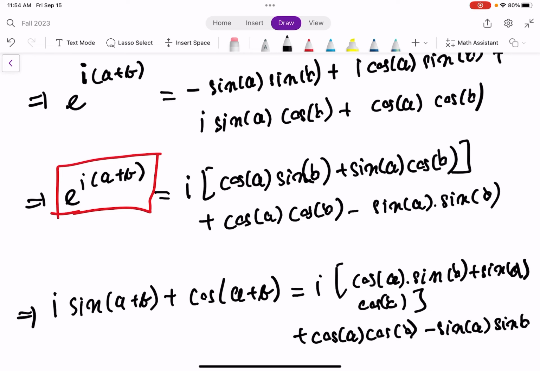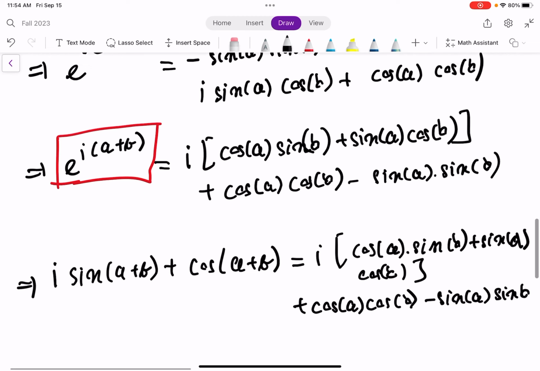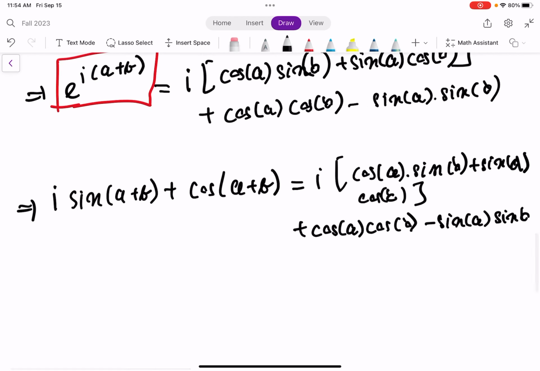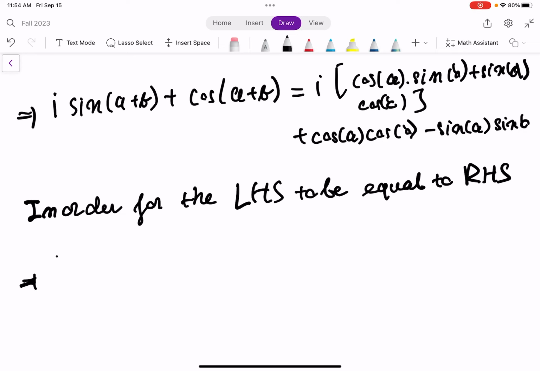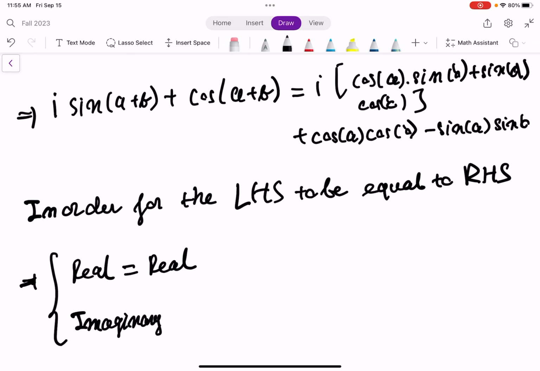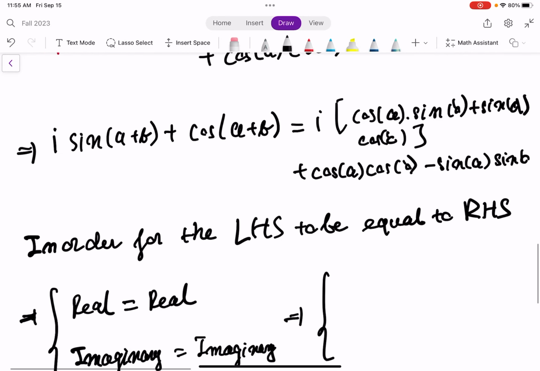If you want the left hand side to equal the right hand side, the real components have to be equal and the imaginary components have to be equal. So what's the real component of the left hand side?